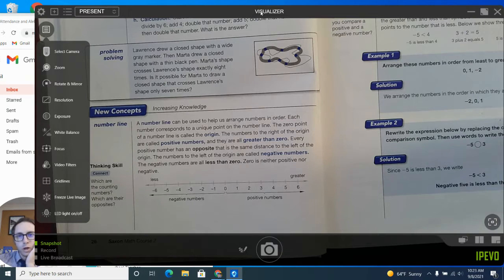Okay. So here we're talking about number lines, and really this isn't a new concept per se. But the way it's going over all of this chapter is really designed to try to help you build a certain schema in your head. And what that means is they want you to try to change how you think about math.